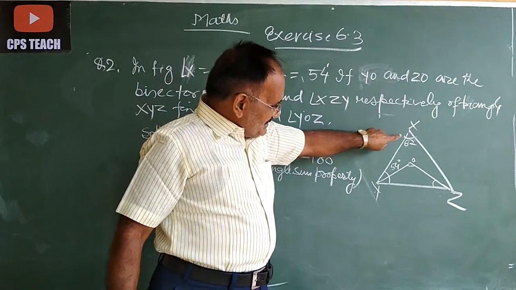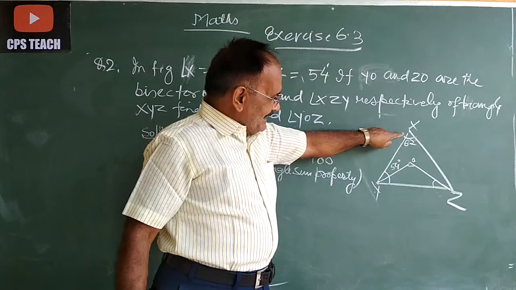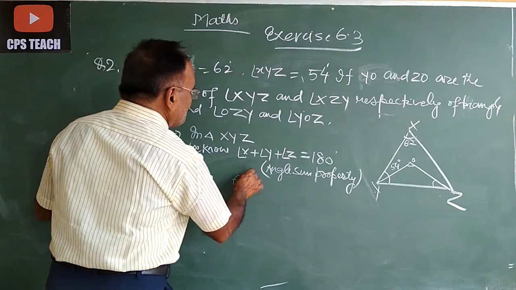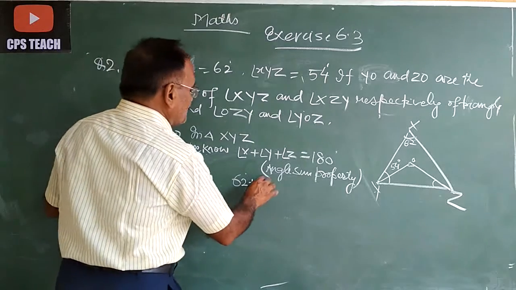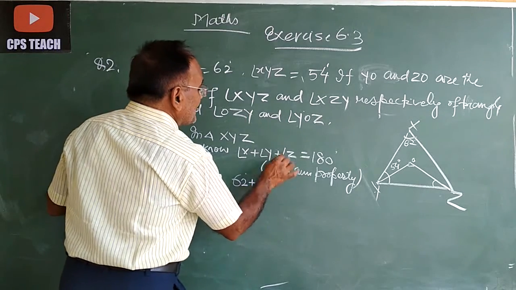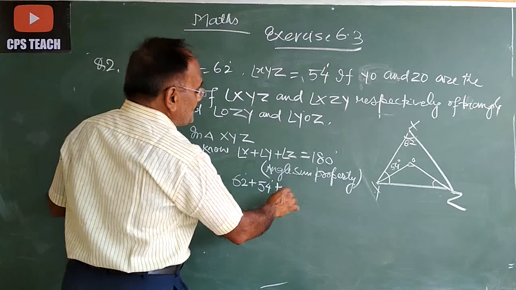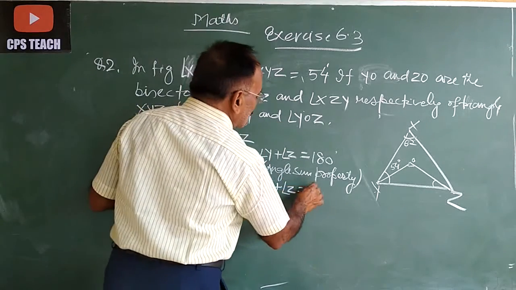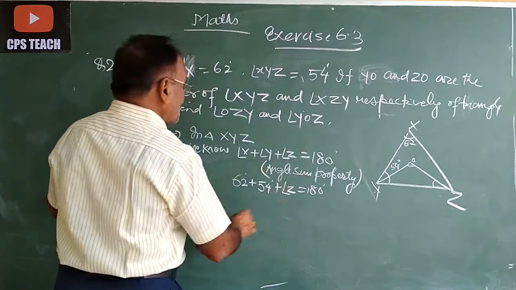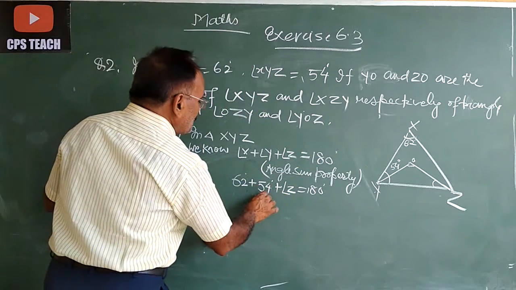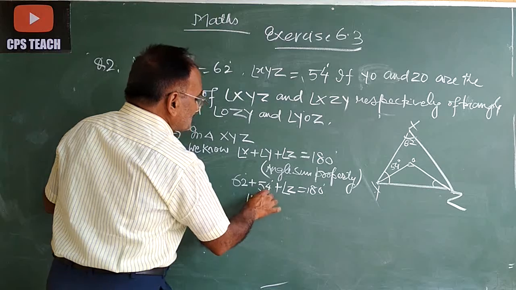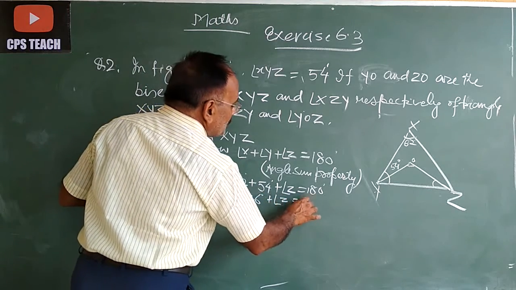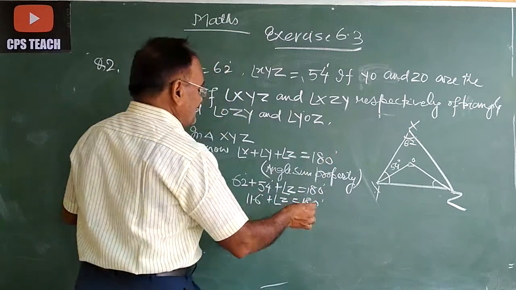And in this triangle two angles are given, angle X and angle Y. So angle X 62 degree plus angle Y 54 degree and plus Z, which we have to find out, angle Z is equal to 180 degree. So 116 degree plus angle Z is equal to 180 degree.